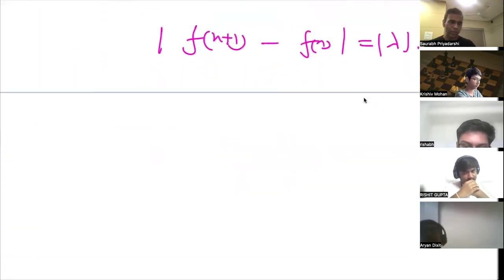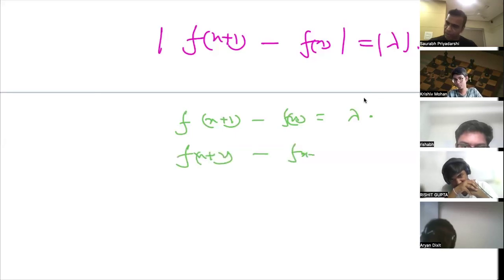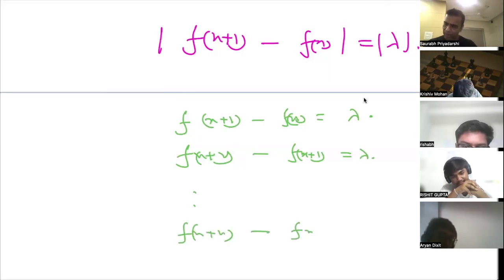Okay, everyone. Very good, Utkarsh. Now, if I go for f(x+1) minus f(x) is equal to lambda, f(x+2) minus f(x+1) is equal to lambda, up to f(x+n) minus f(x+n-1) is equal to lambda.